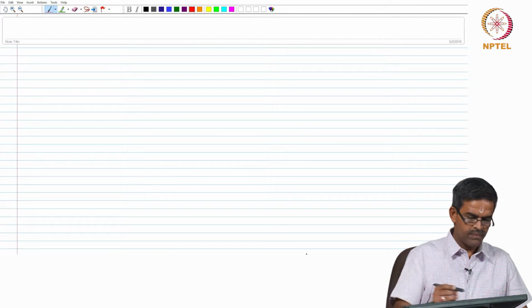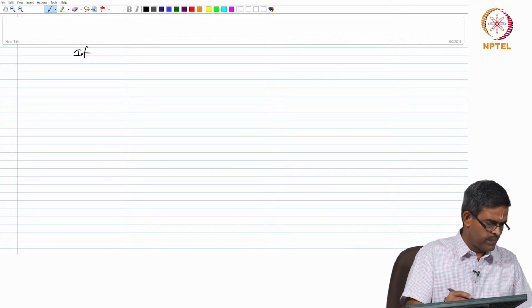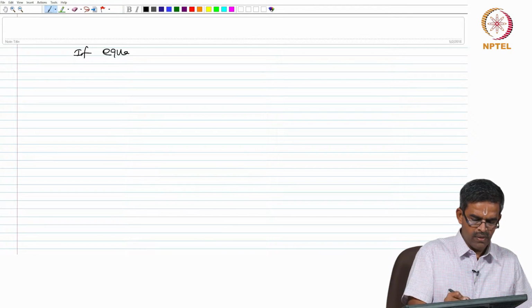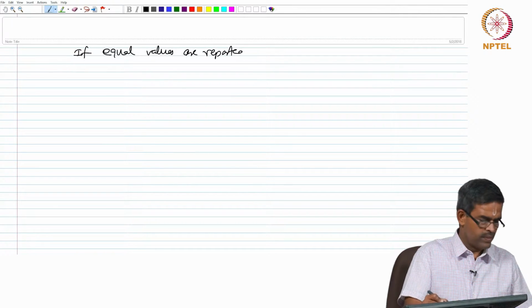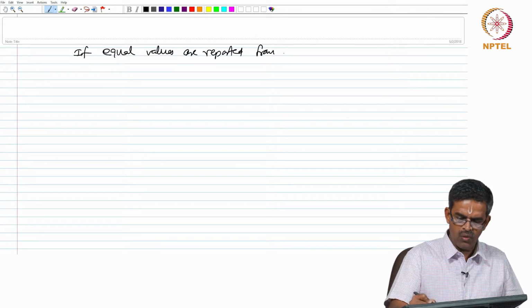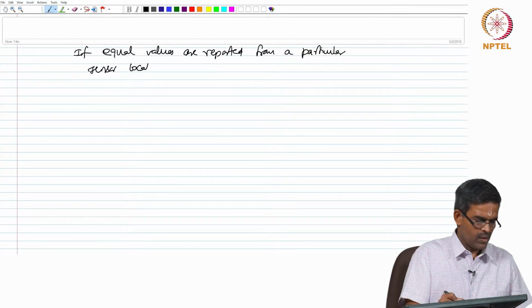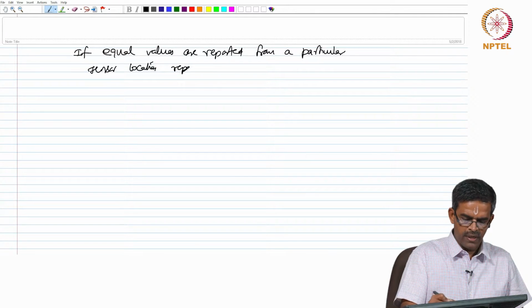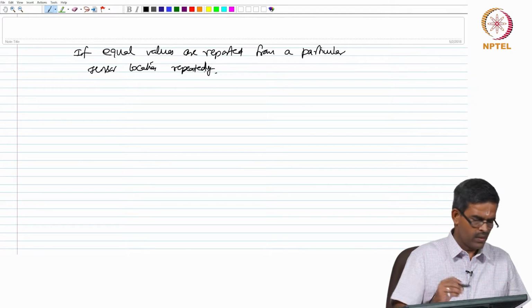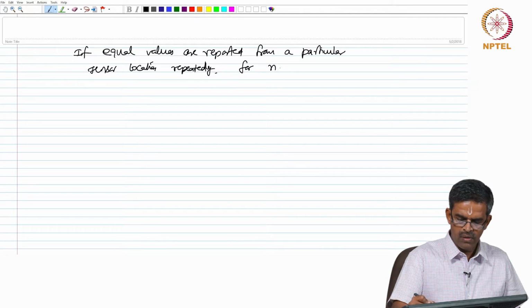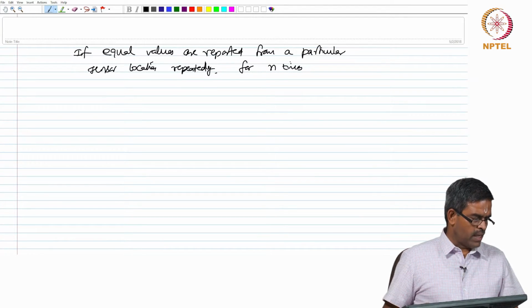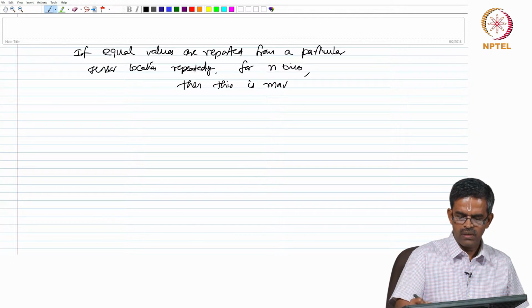For example, if equal values are reported from a particular sensor location repeatedly for, let us say n times, this is marked as inconsistency.